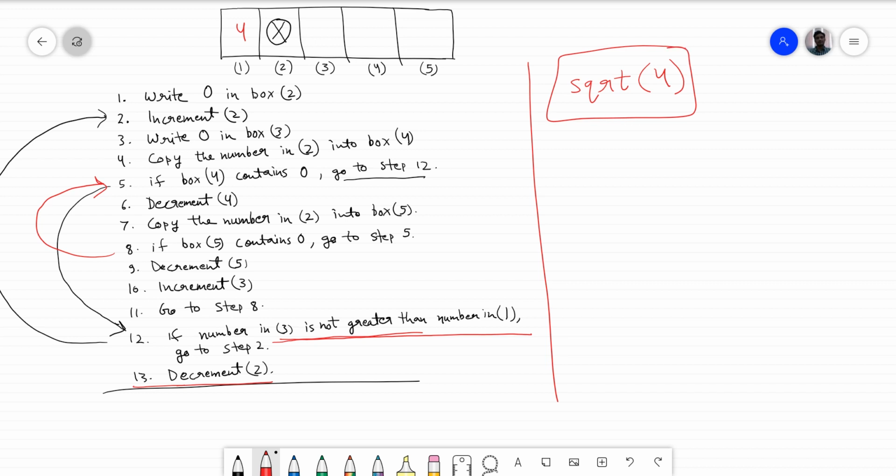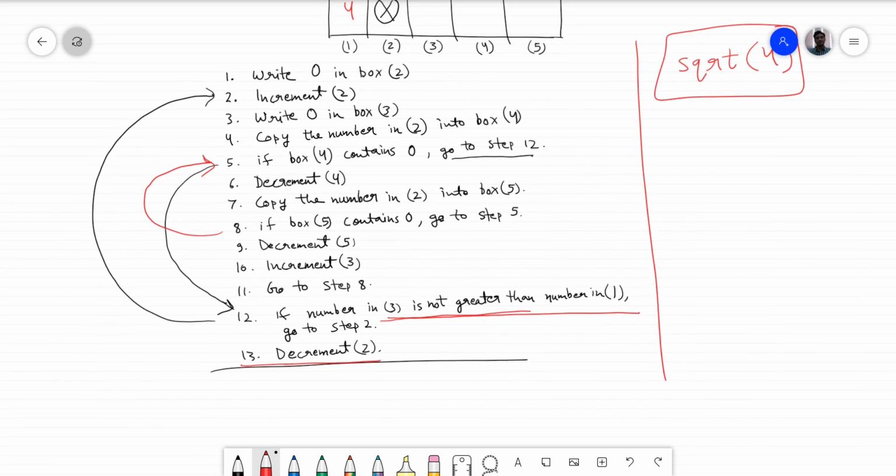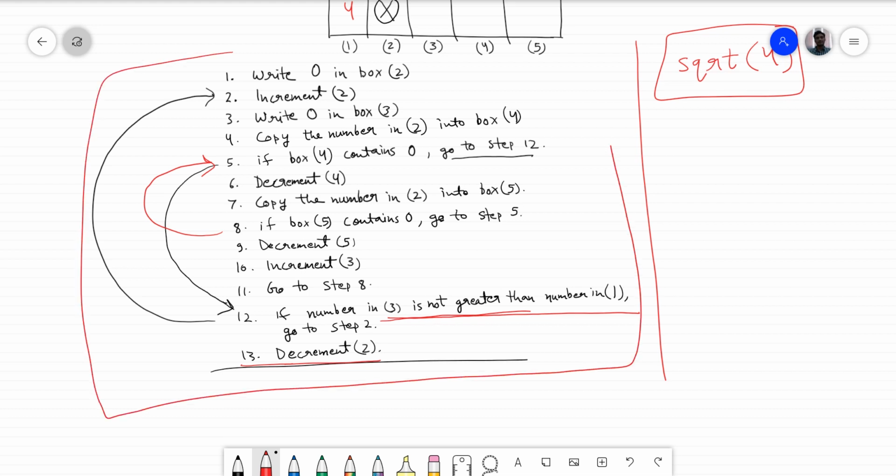In the background, it follows these kinds of steps, okay, which are a combination of incrementing, decrementing, copying, shifting one bit into another, and so on. So these are the steps that are followed.